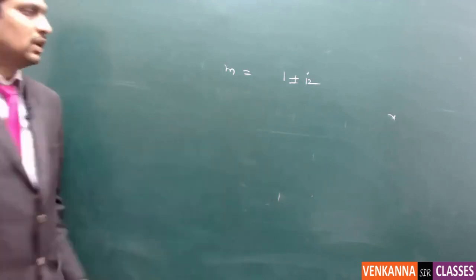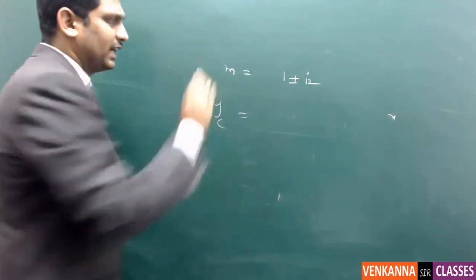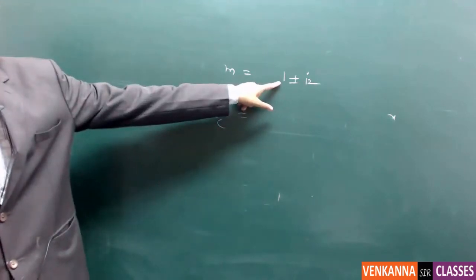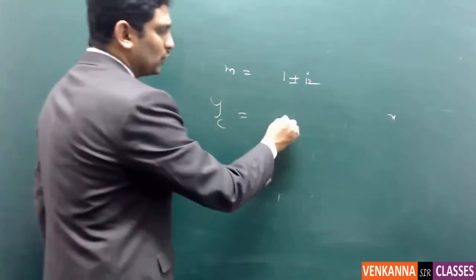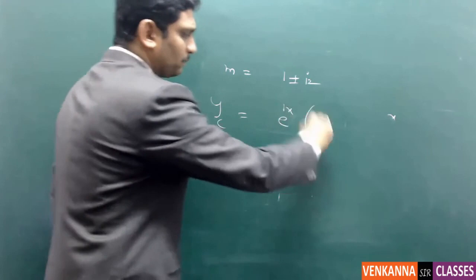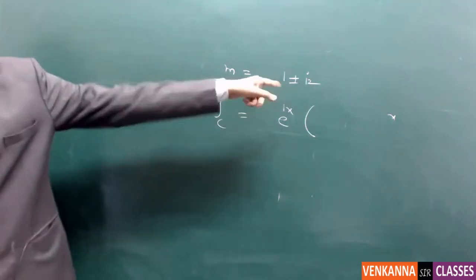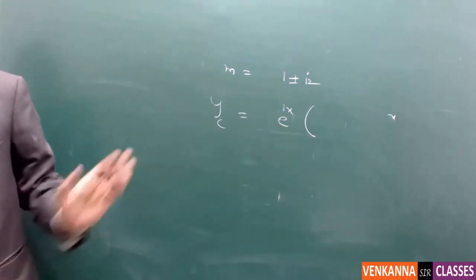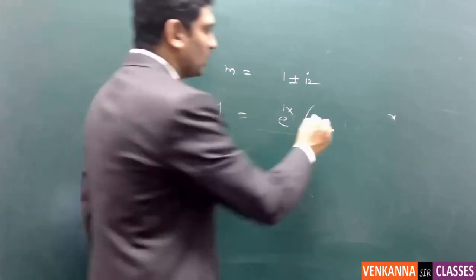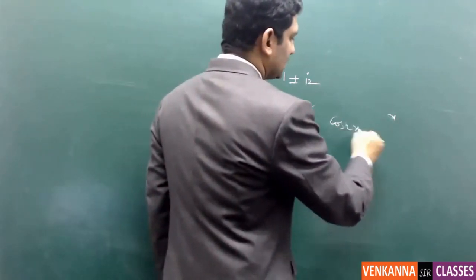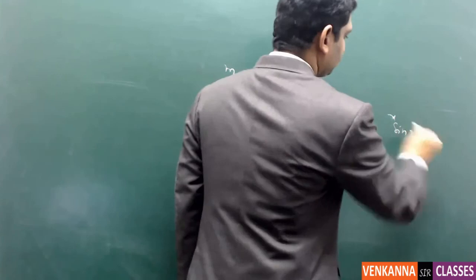So the solution is taken as, for the real part, we take e power 1x, and for the complex part, we take cos and sin. So cos 2x, sin 2x.